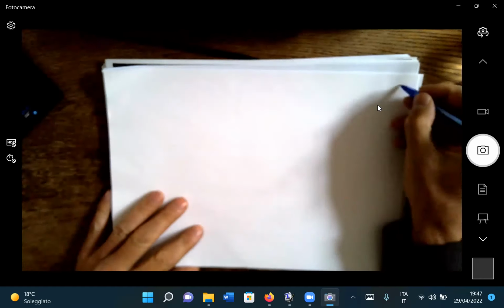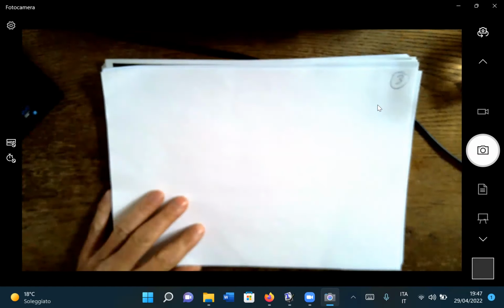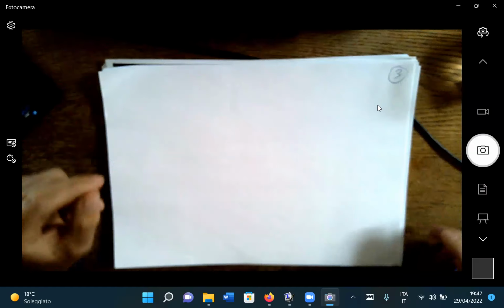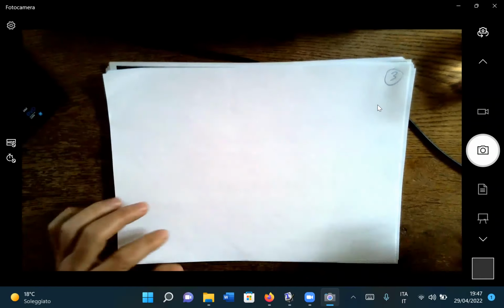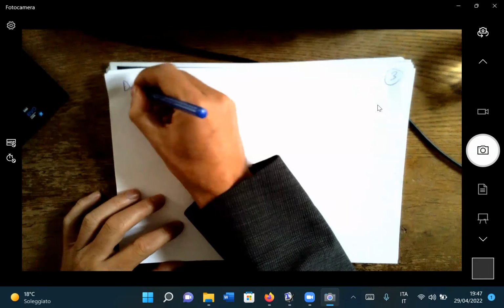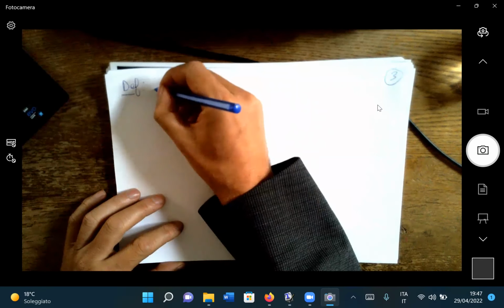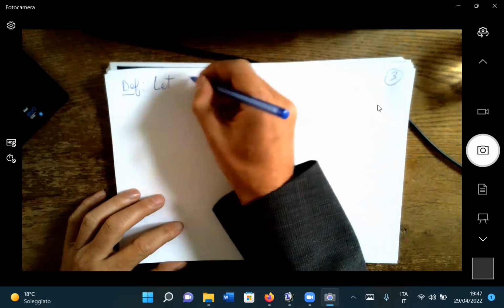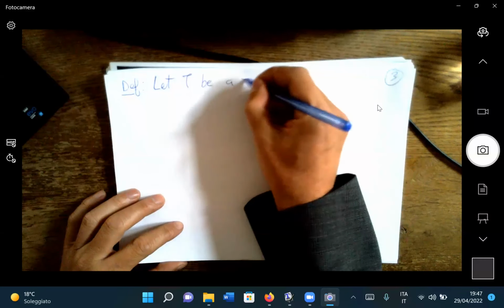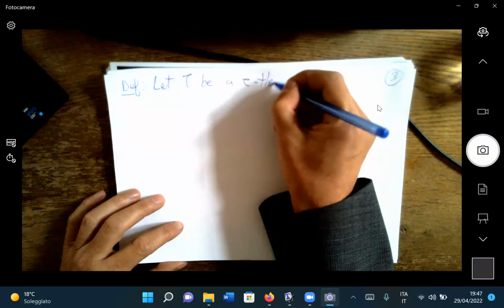And now comes the key notion, which is one of those that brought my attention to the notion of model companionship, which is the definition of existentially closed model. Let T be a tau theory.